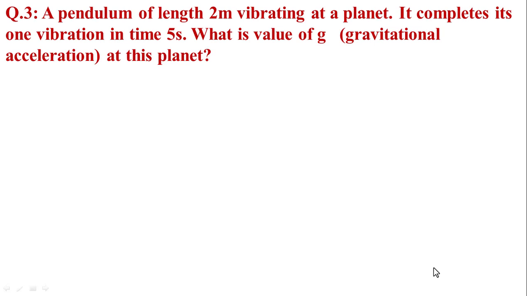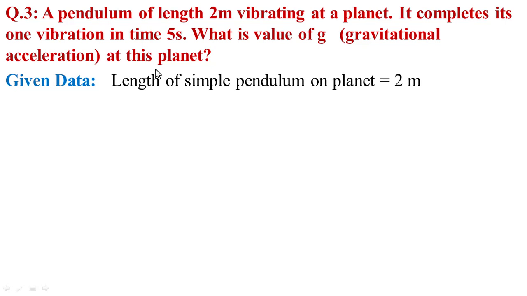Similarly, in question number 3, a pendulum of length 2 meter vibrating at a planet completes one revolution in 5 seconds. What is the value of G, gravitational acceleration, on this planet? So first of all, write the given data. Length of pendulum L is equal to 2 meter and time period T is equal to 5 seconds.